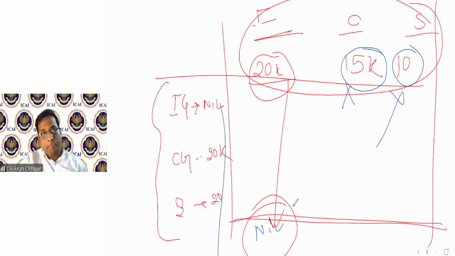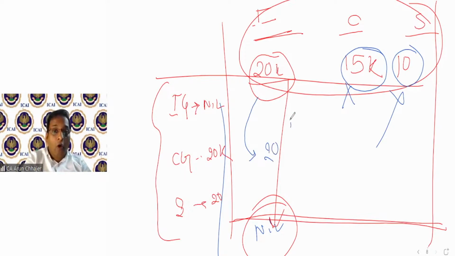Now, tell me, this 20,000 would be given entirely to C or is there any option?